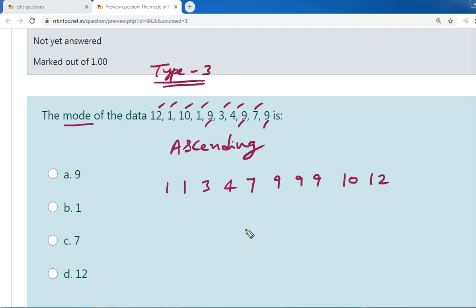So this is the ascending order. How many ones are there? Total 2 ones are there. How many 9s are there? 3 nines are there.